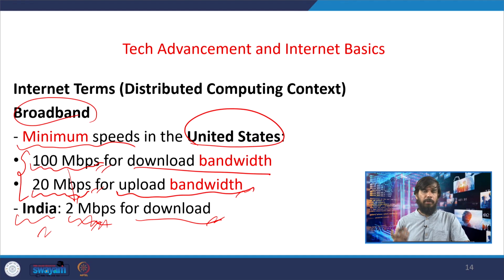The experience for an end user in the United States with a broadband connection and an end user in India with a broadband connection is very different, because this definition differs, and it has a bearing on the internet backbone in the country and the kind of support it can provide.